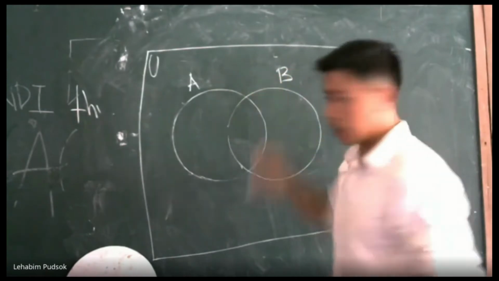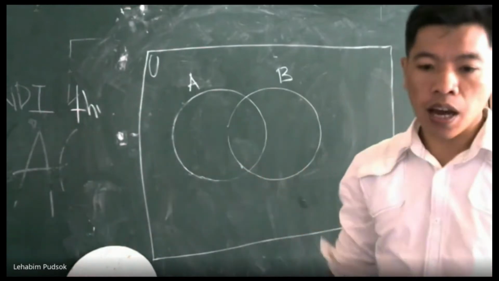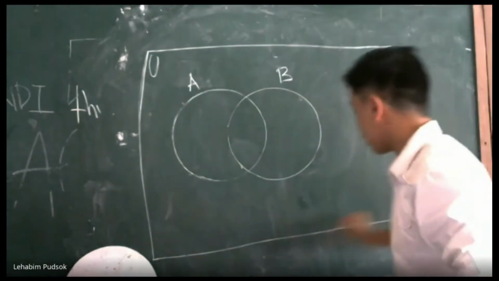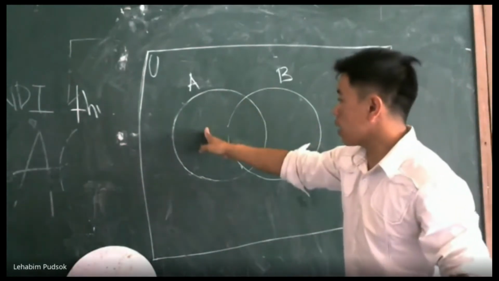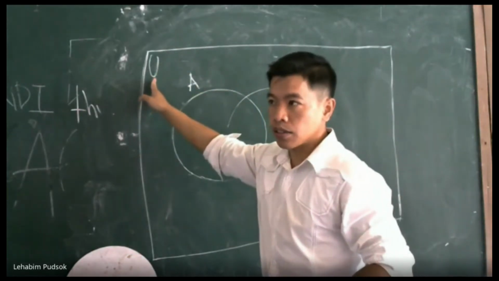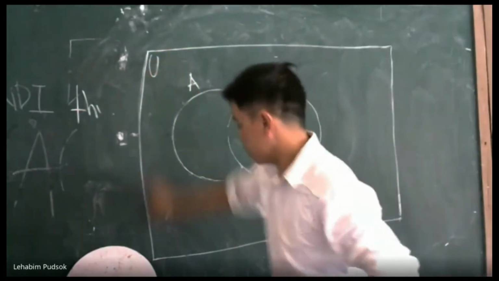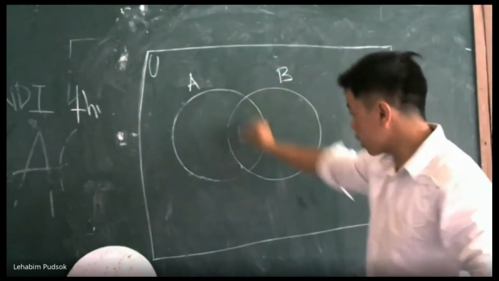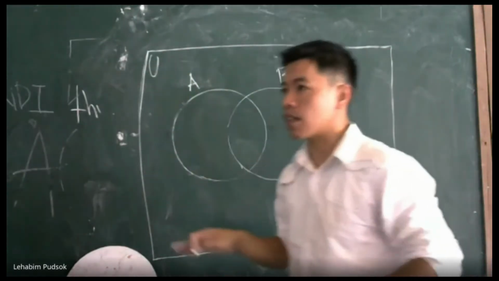This is set B. Now, the universal set is the biggest one, the rectangle. And set A and set B are subsets of the universal set, always. Because they are inside the boundary or the area of this universal set, meaning the circles are inside, they are subsets of the universal set.